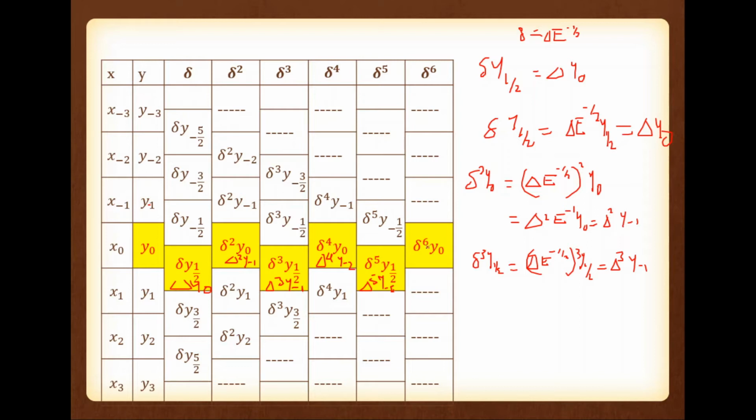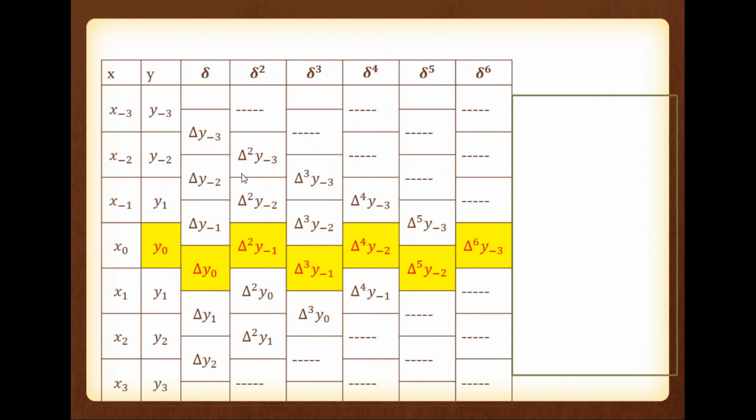Then backward movement, so delta raised to 6, y, now backward movement, so minus 2 will become minus 3. So like that way it will go. Is it okay? So all these central difference terms are replaced with the forward difference term for derivative purpose only. Okay. So this is the corresponding forward difference terms.